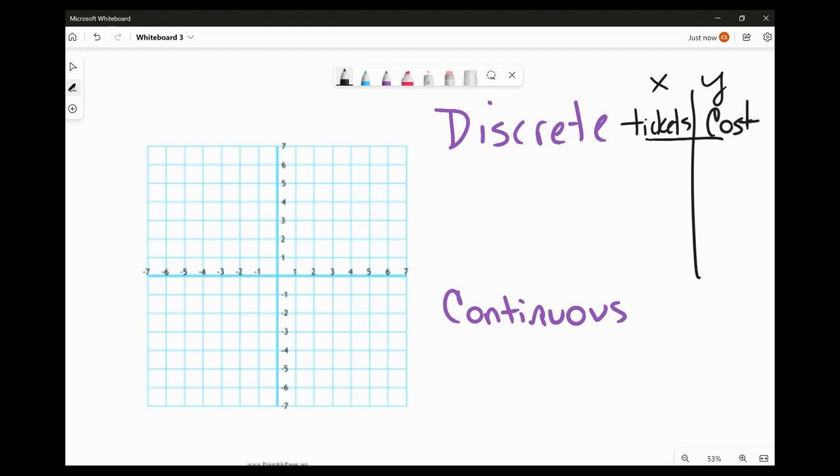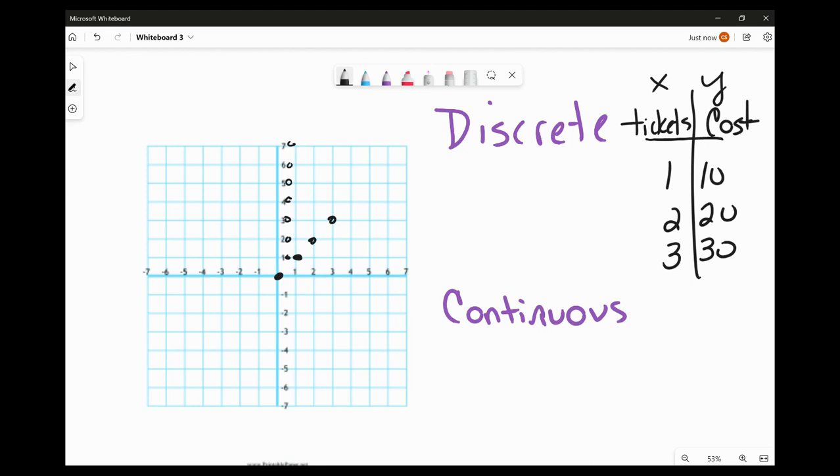So let's say one ticket to a movie costs $10, and two costs 20, and three costs 30. If I were to graph this, I'm not going to go into the negatives, and I'm going to change these to tens so that we can use the same graph. So one ticket costs $10, two costs 20, three costs 30, and so on.